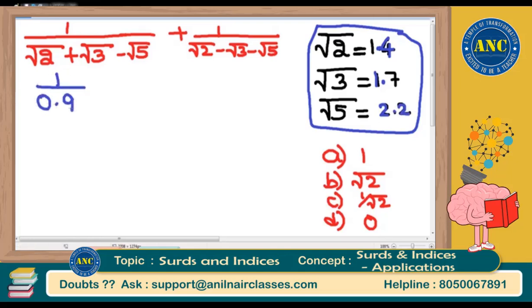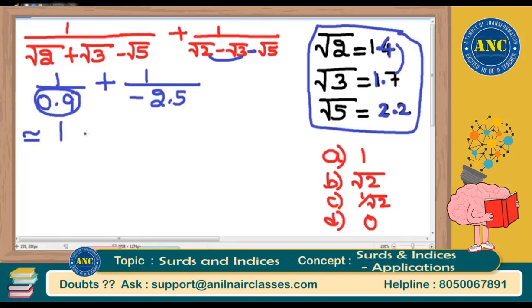First value is 1 by 0.9, plus the second value: root 2 minus root 3 is 1.4 minus 1.7, which is minus 0.3, minus root 5. Sorry, this is also minus, so minus 0.3 minus 2.2 is minus 2.5.